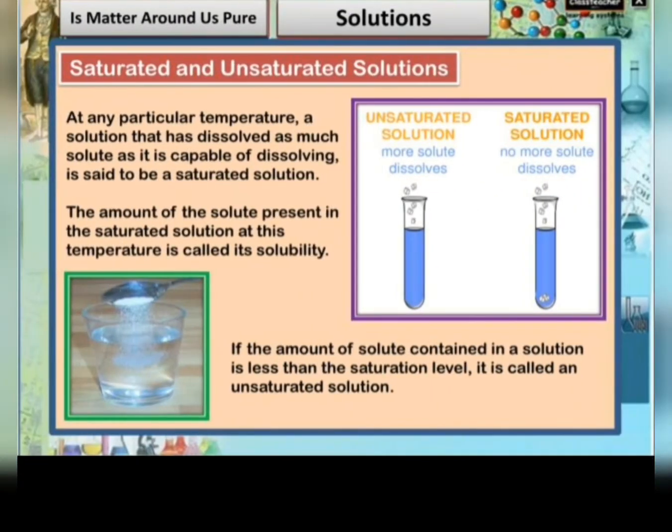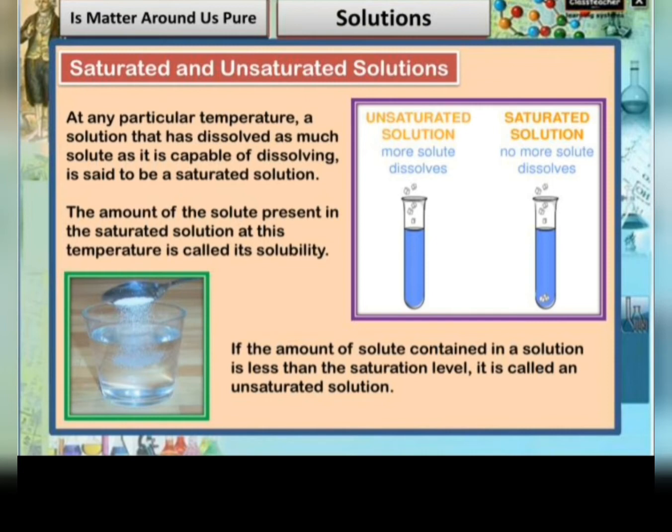It means when you are dissolving a solute in a solvent to form a solution, there is a chance of adding more and more solute to the solvent, and that gets dissolved in it without changing the temperature, without raising the temperature. When you can add more and more solute to the given solvent without raising the temperature, that is called an unsaturated solution.